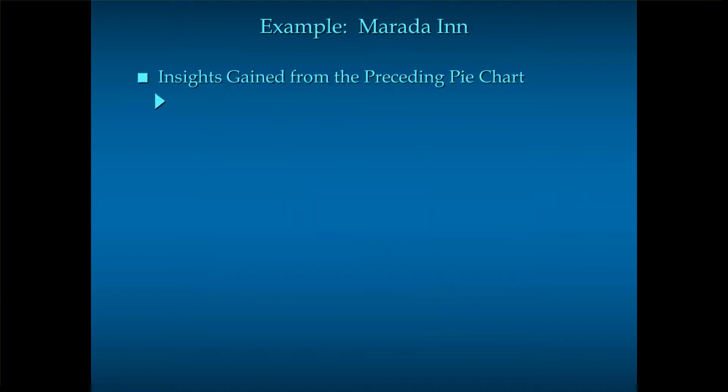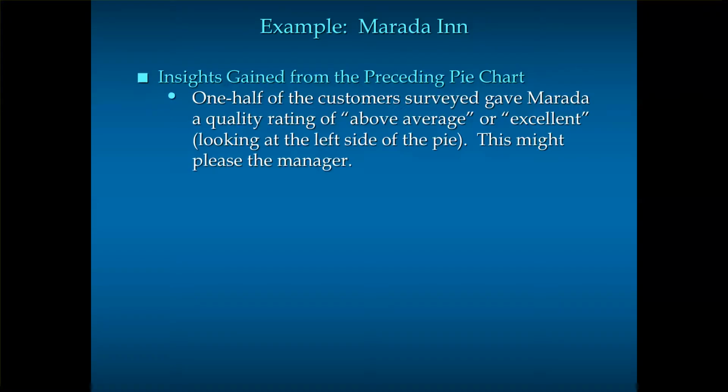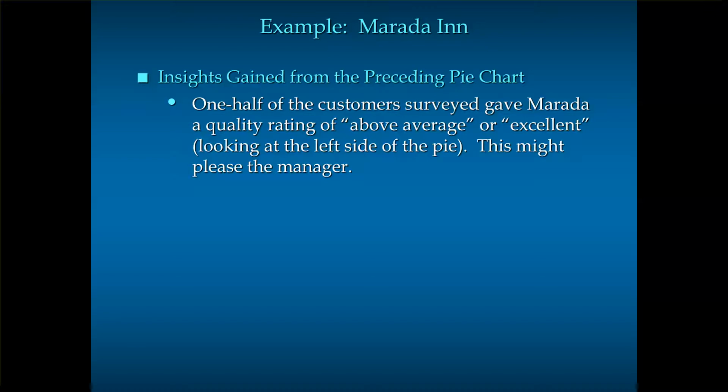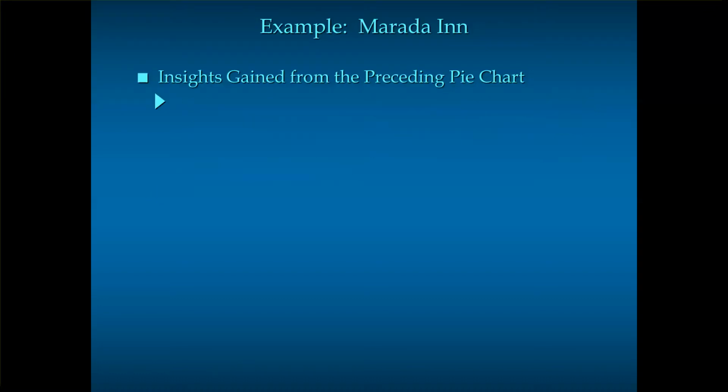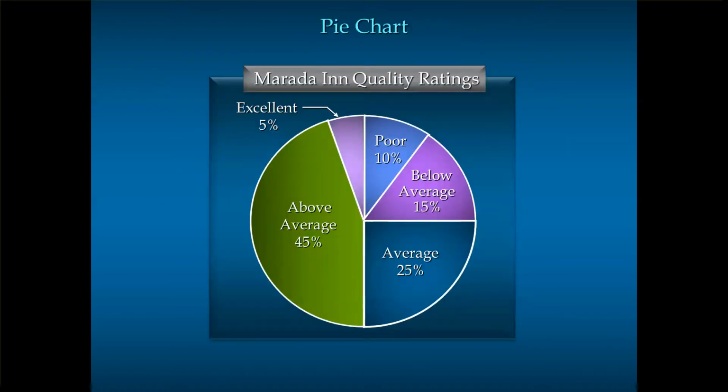So what can we see from the pie chart? That's very important. What kind of information or conclusion can you get from the pie chart? First, we can find that 1/2 of the consumers surveyed gave Miranda a quality rating of above average or excellent. Let's go back and look at the pie again.